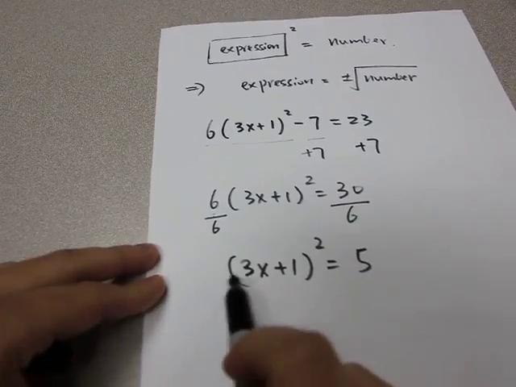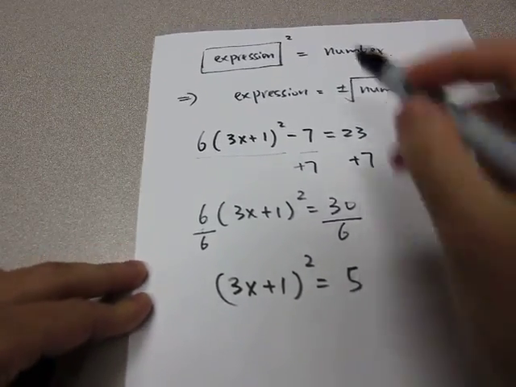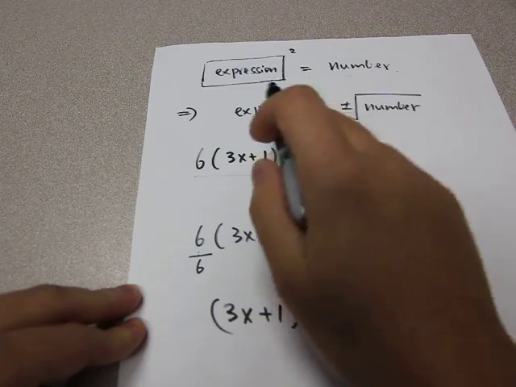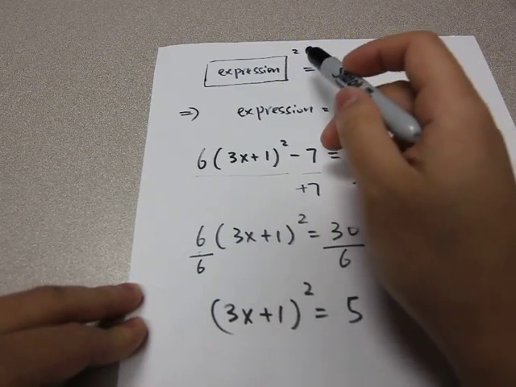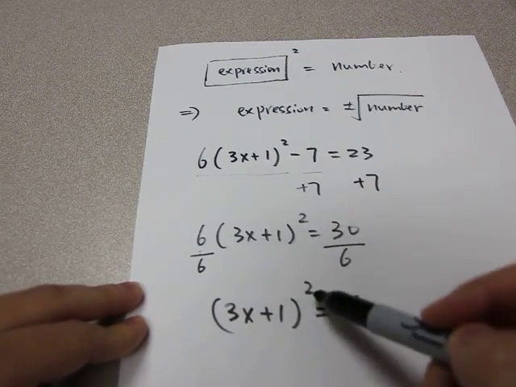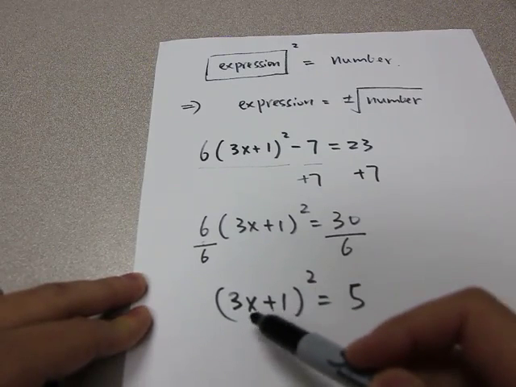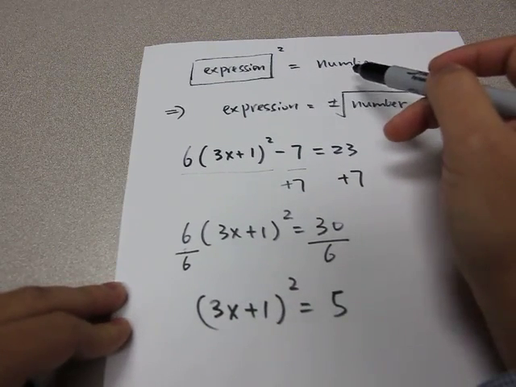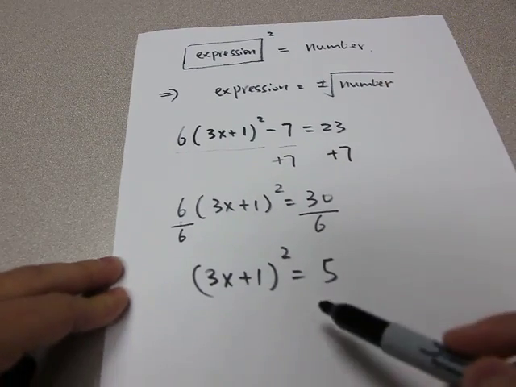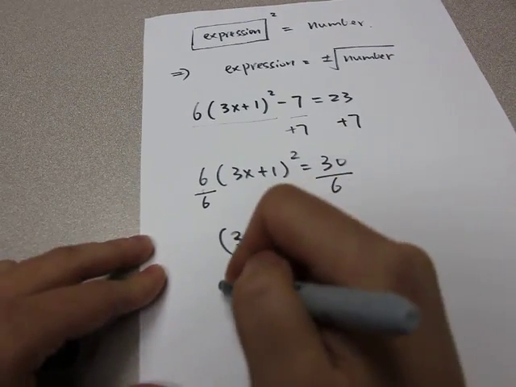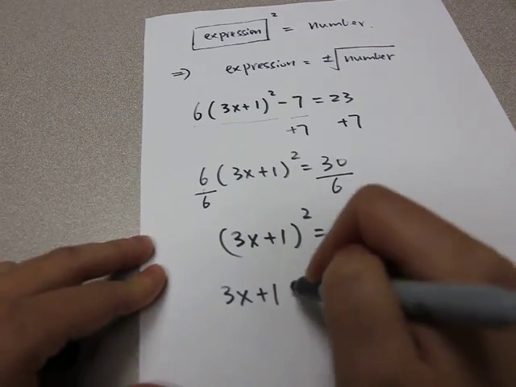Okay, now let's compare this new equation with this form. Okay, so left hand side we have a square. We have square of this expression 3x plus 1, and the right side we have this number 5. Okay, so now we can solve this equation by taking the square root.